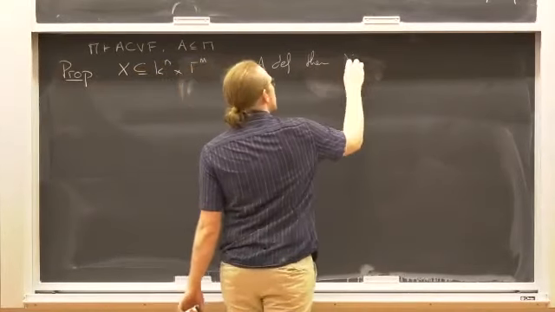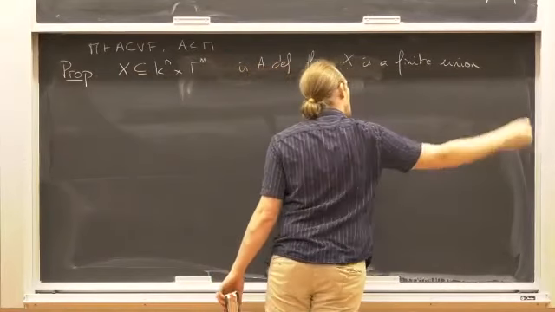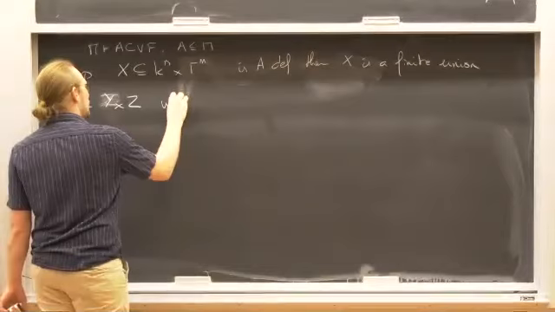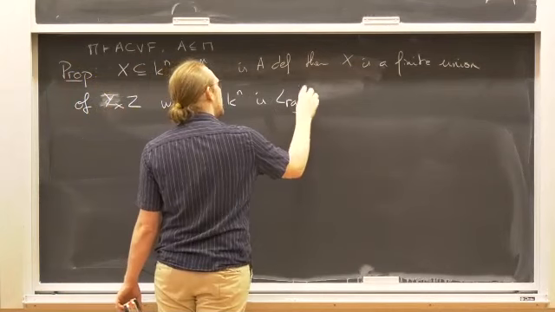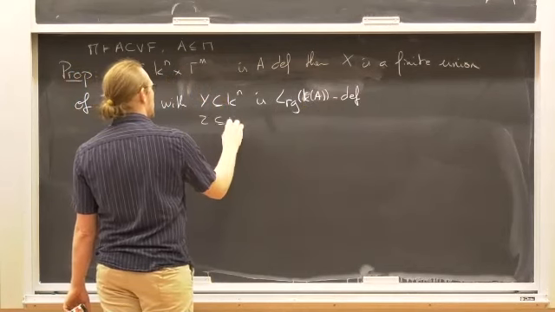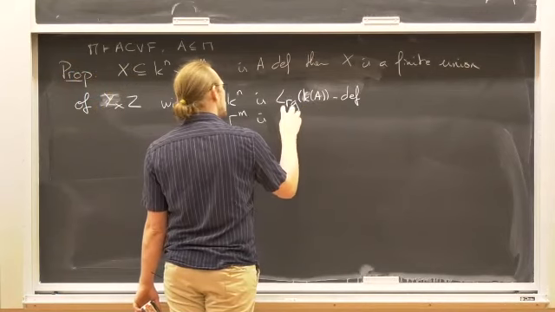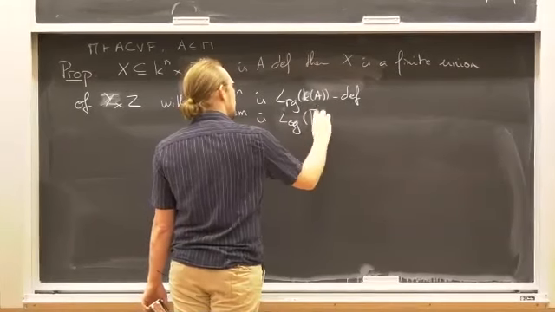Then X is a finite union of Y cross Z, with Y inside of K^n being ring K of A-definable, and Z inside gamma of M being ordered group gamma of A-definable.